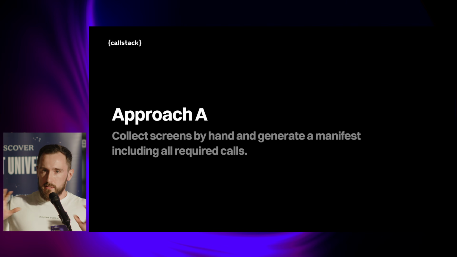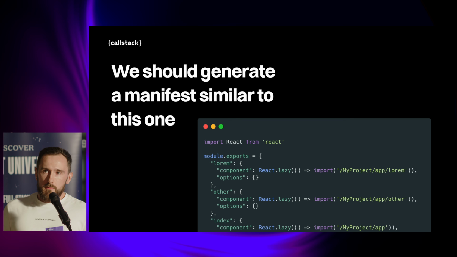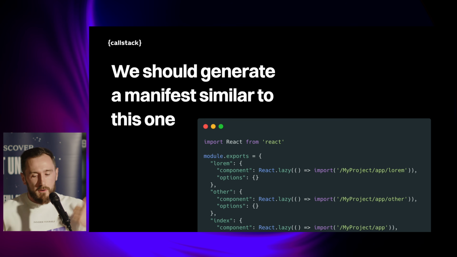So my first idea was to write a custom script running alongside Metro, scanning the directory with all my screens defined inside of it, and then generating a virtual module, a manifest with all necessary require calls. So if we create a file like this, you see that all imports use literal values.